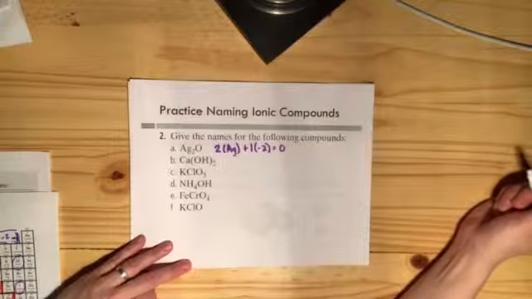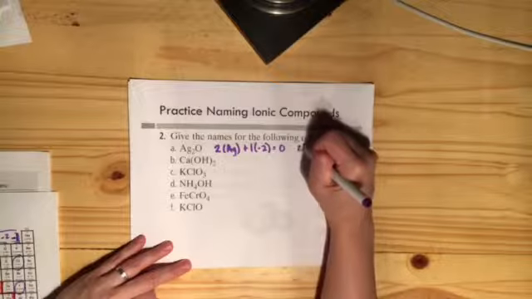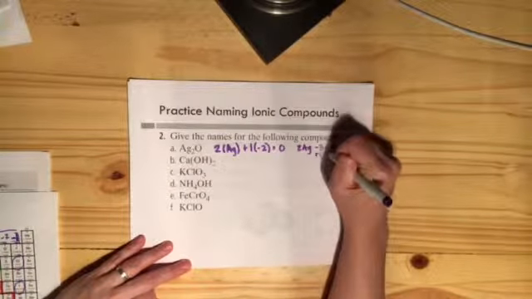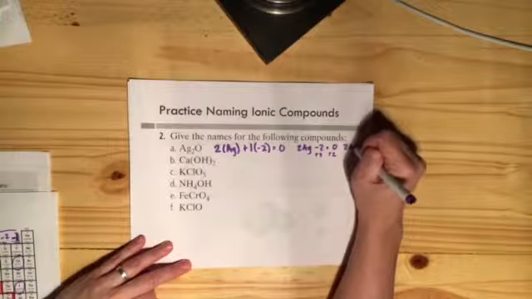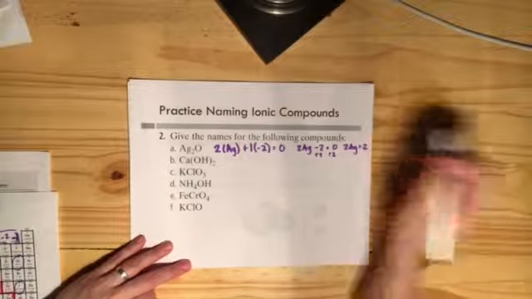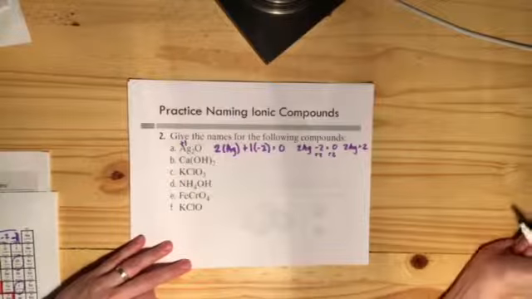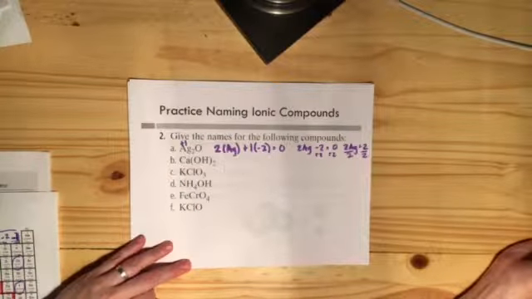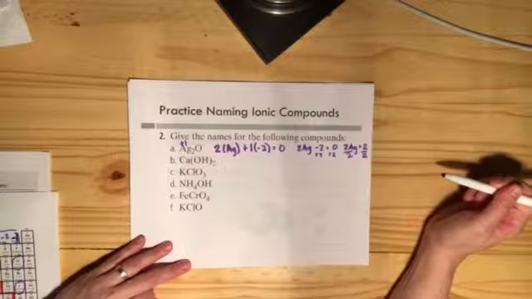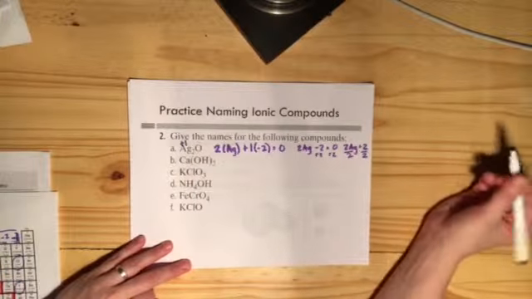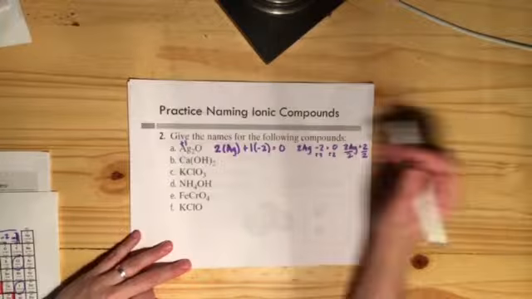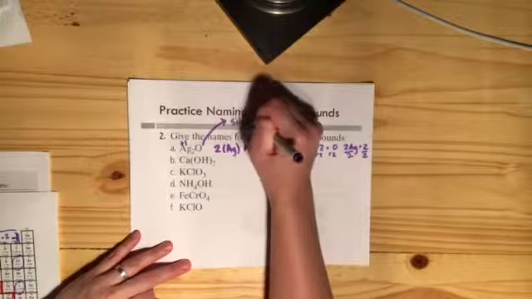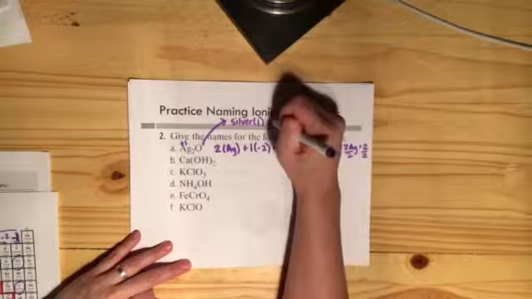So here we're just going to do some algebra. 2 silvers minus 2 equals 0, plus 2 plus 2. 2 silvers equals 2, and so silver is plus 1. You can get that by dividing by 2. You can do it in your head. Just get to the fact that silver is plus 1. And so when I name it, silver(I) oxide.